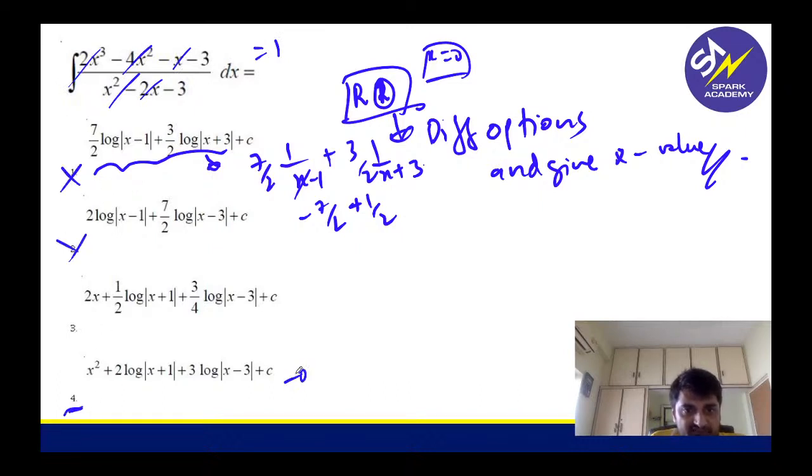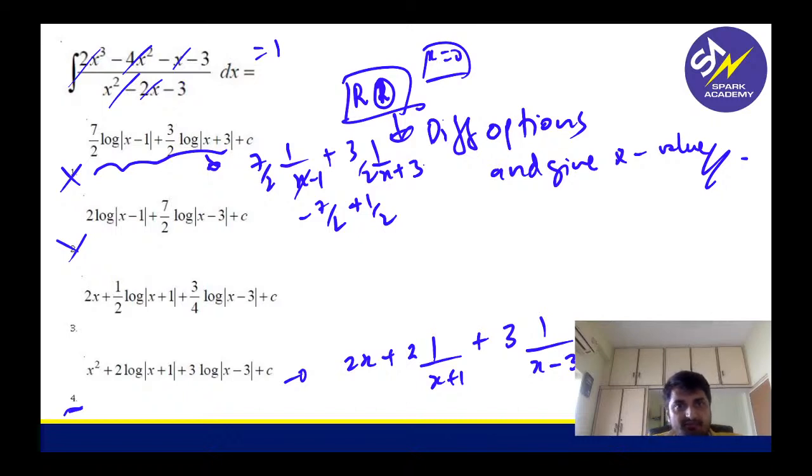Let's check fourth. Derivative of x squared, 2x, 2 times. Derivative of log of x plus 1 is 1 by x plus 1. Derivative of log of x minus 3 is 1 by x minus 3. That's correct, right? Yes, everyone? So what else? Same process. Again, you give x equal to 0.